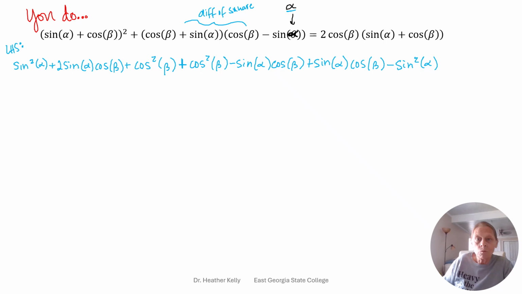Okay, let's see. What can we do here? So here is a negative sine squared alpha, and here's a positive sine squared alpha. We can get rid of those because they're on the same side of the fence. Here's a sine alpha cosine beta and a negative, so those cancel. What are we left with?